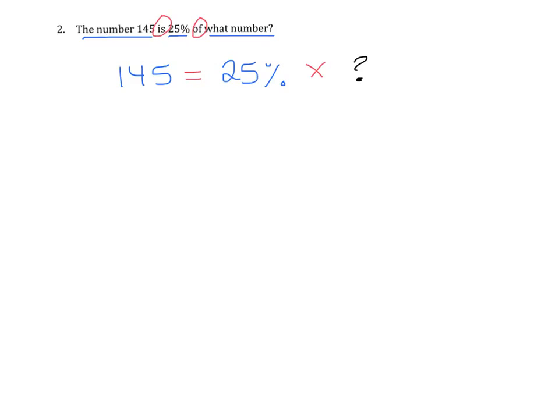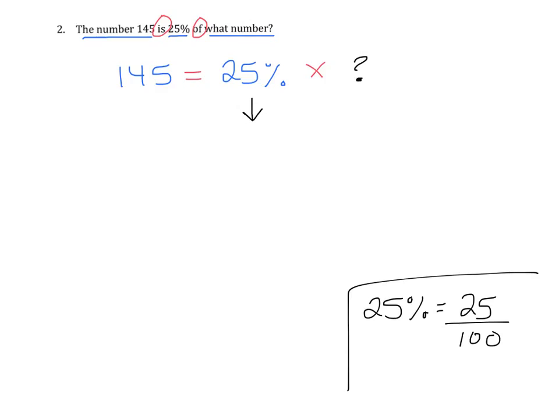Now I want to get the question mark by itself on the right side of the equation. So to do that, I'll need to divide by 25%. But I need to first convert the 25% to a decimal in order to divide. So next, take 25% and divide it by 100 to get a decimal of 0.25.